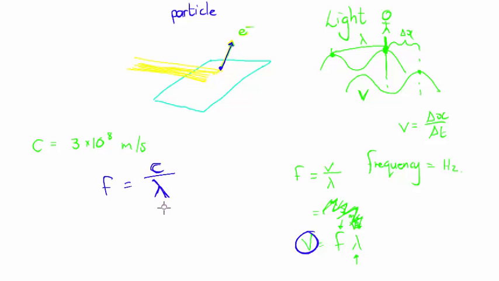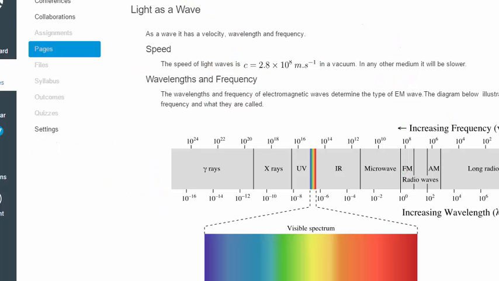In other words, the longer the wave, the lower my frequency. The bigger my frequency, the smaller my wavelength. And that makes intuitive sense. If I have shorter waves, I'll count more of them every second if the speed stays the same. So just keep that in mind as we look at this table.